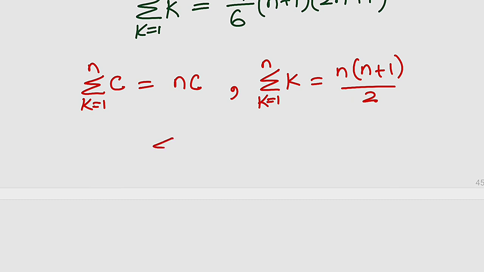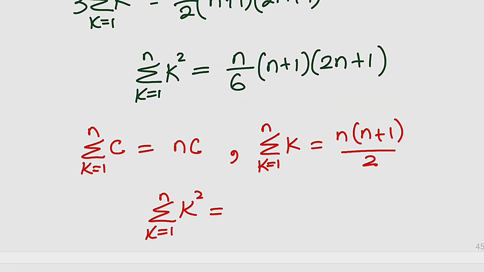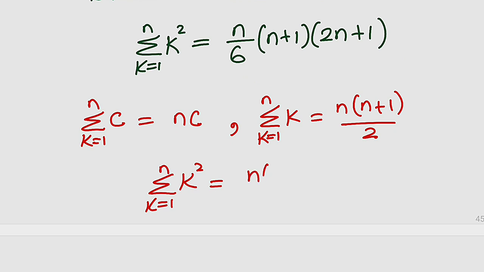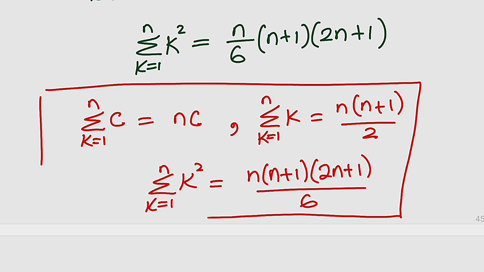And lastly, if we have summation of k squared, where k begins with 1 and stops at n, is the same thing as this one, which we can write as n times n plus 1 multiplied by 2n plus 1 divided by 6. So these 3 formulas are very important in simplifying or evaluating sigma notations.